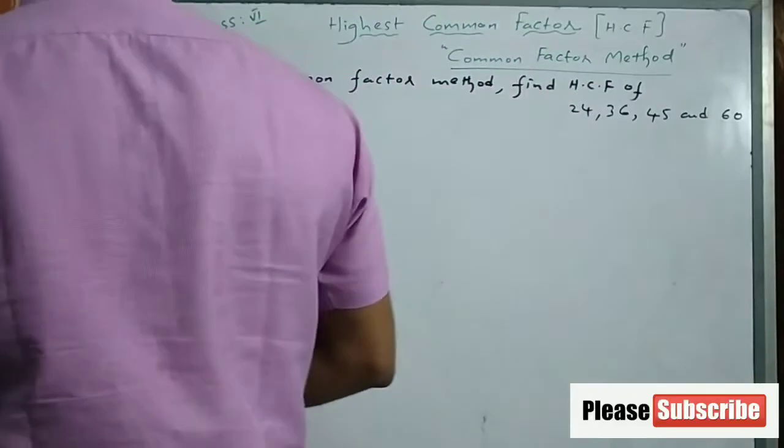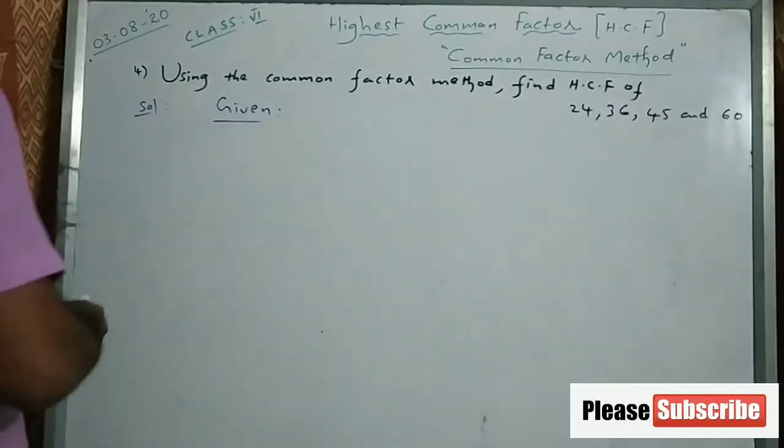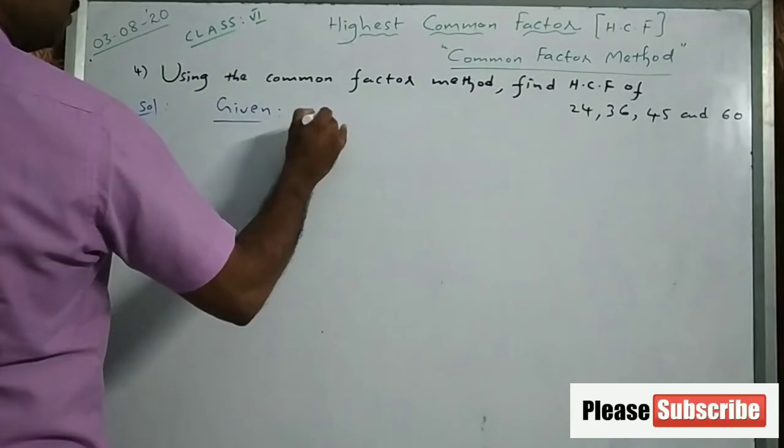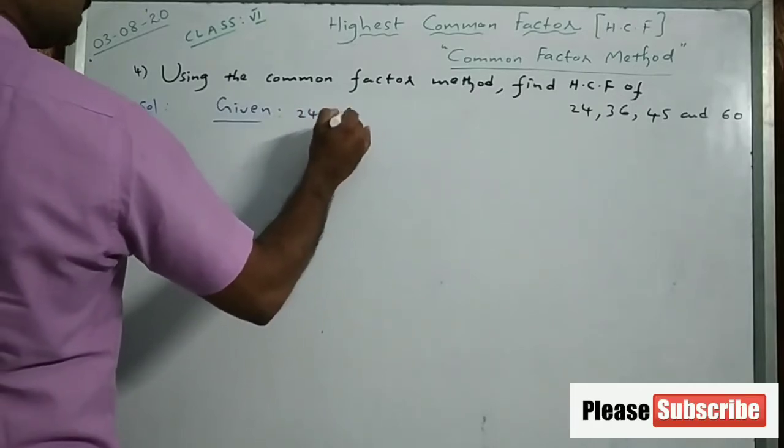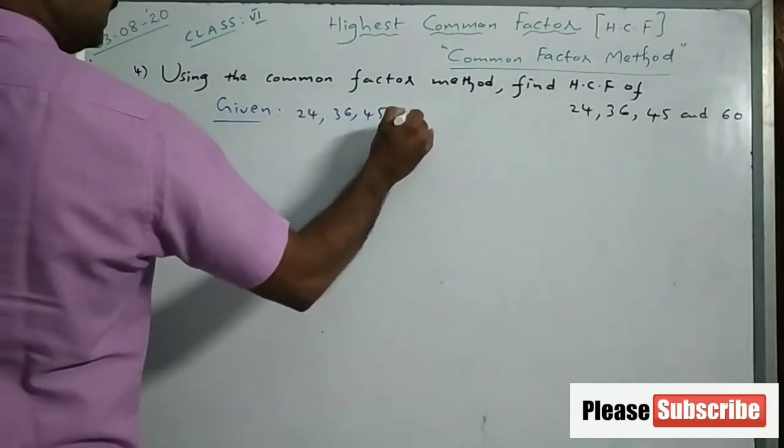So how to calculate this? Okay, let us see. Given numbers are 24, 36, 45 and 60.